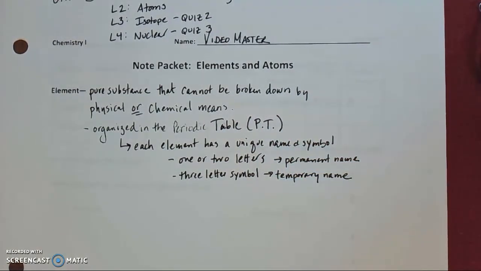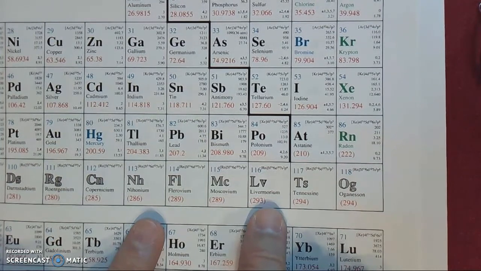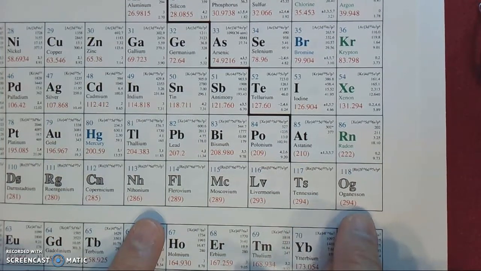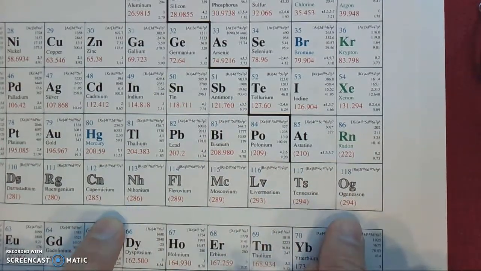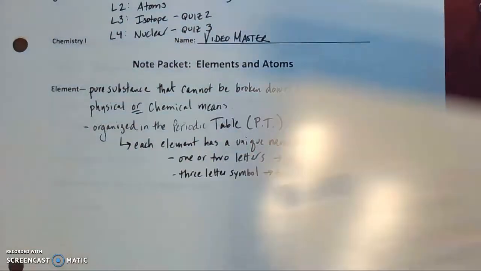And that's until the scientists can get together and vote on a permanent name. So this is a collection of people voting to give things its permanent name. So recently, about 2 years ago, they added new names on the periodic table, and those are the ones that are down here. So things like livermorium, tennessine, oganesson, these all had 3 symbol names until their permanent names were voted on.